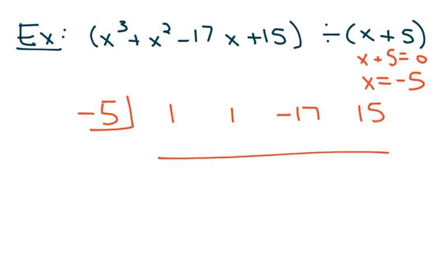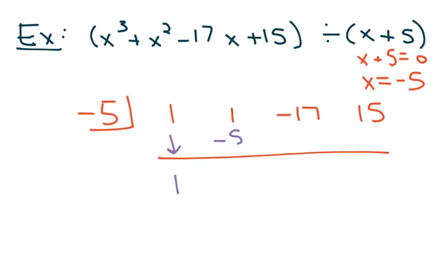Notice that when I wrote the coefficients, I left space between the numbers. One of the things that often happens is students try to squish the numbers together, and then they can't remember what numbers they have, and so the first two numbers they'll think are 11 instead of 1 and 1. So please be careful.